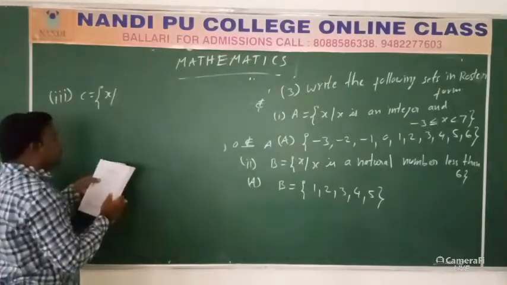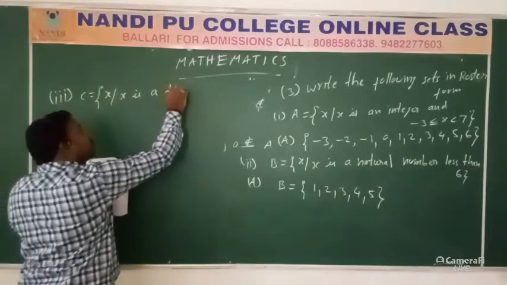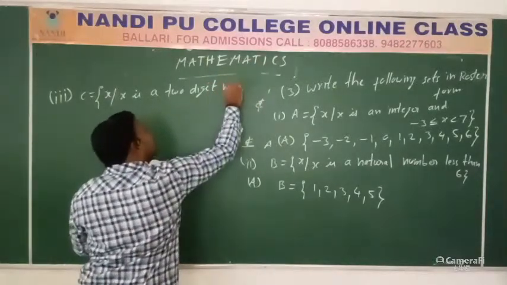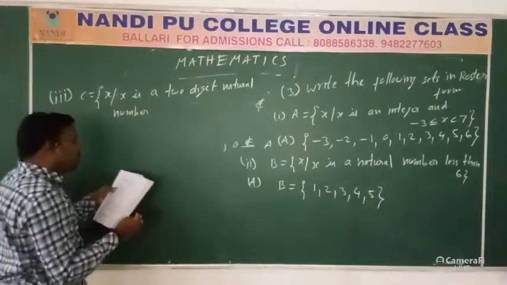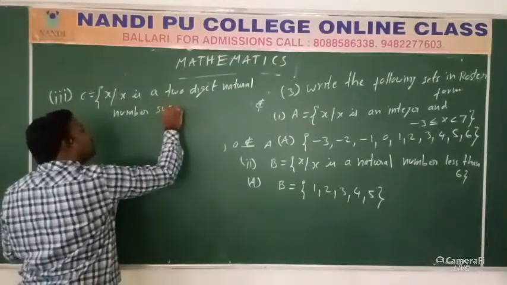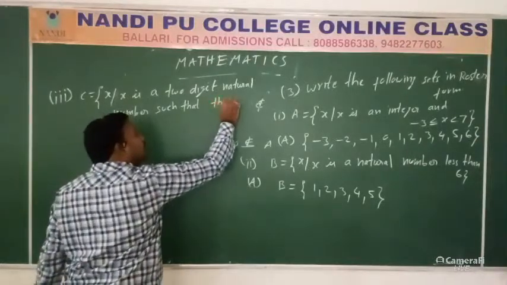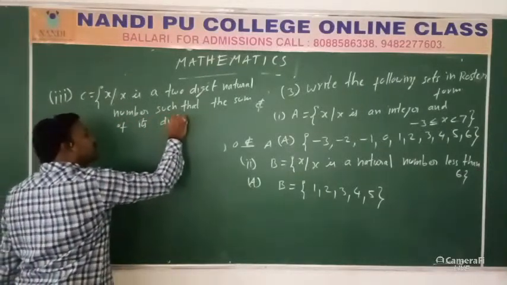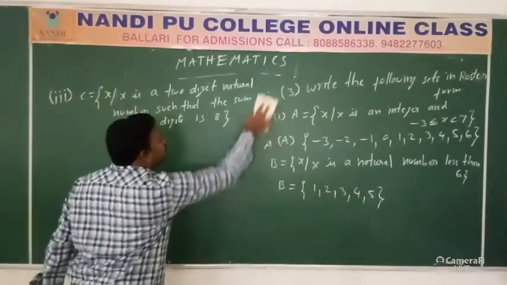Both are the same. x such that x is a 2-digit natural number such that the sum of its digits is 8.